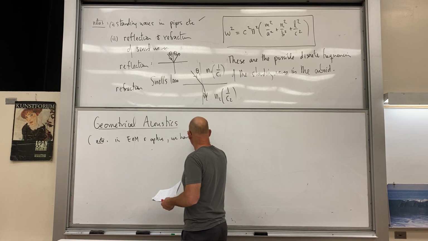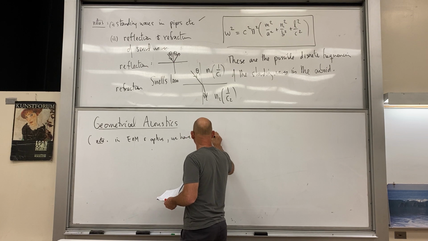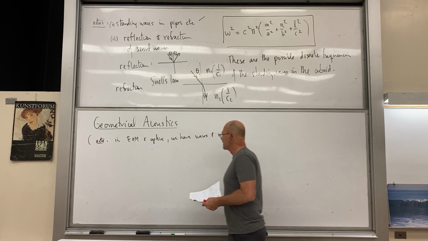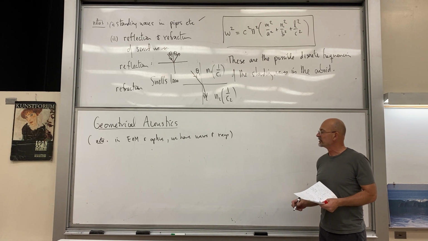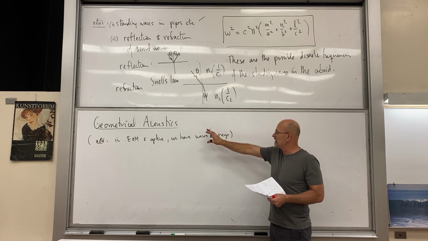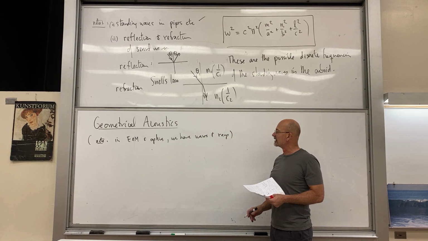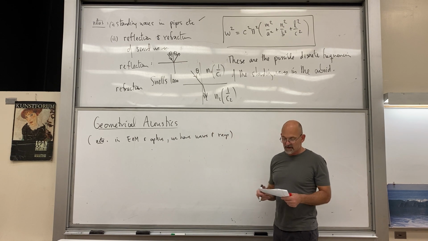Okay? We have waves and rays. And in fact, the difference between these two is usually just kind of sketched and not even that rigorously derived. So it's a good time to talk about the subject.